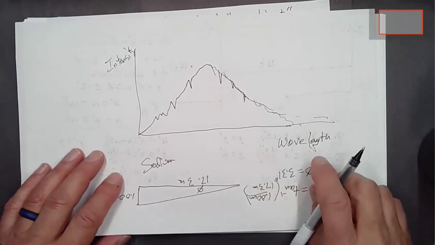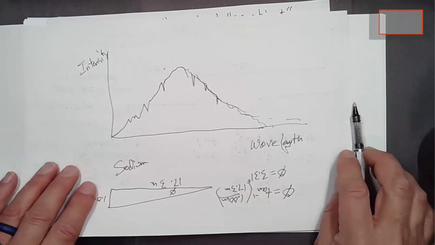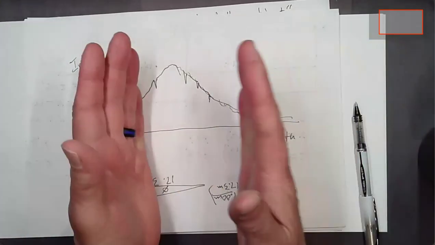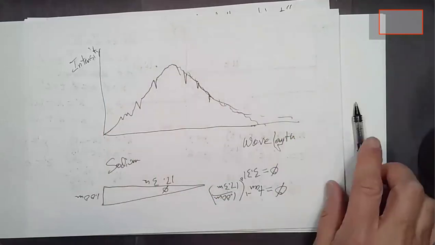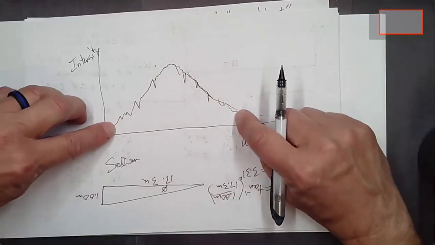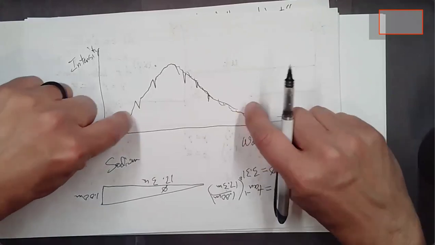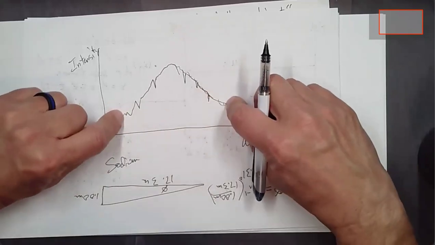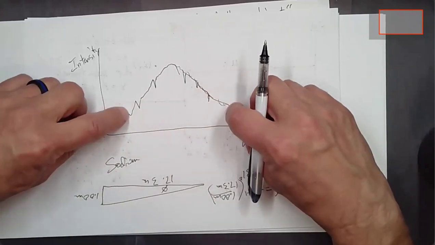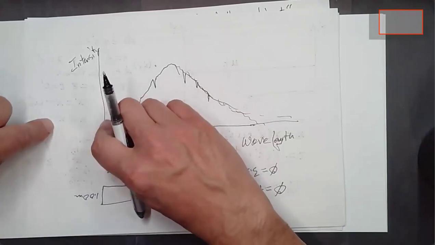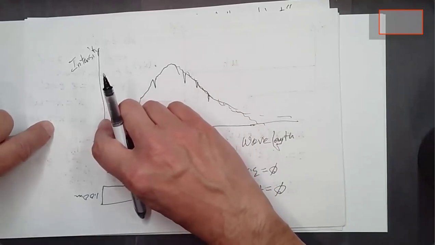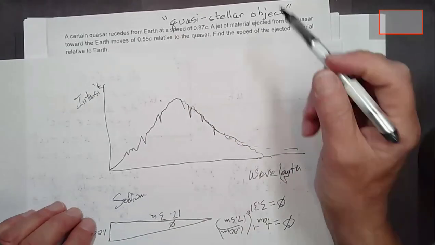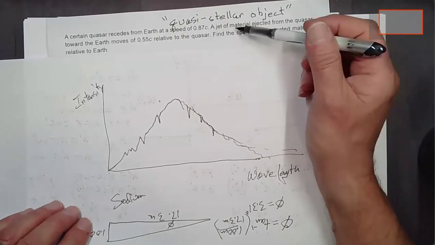And eventually they realized that the absorption lines from these quasars were shifted so far toward longer wavelengths that the ones that normally occurred in the visible part of the spectrum were entirely out in the infrared part of the spectrum. And the ones they were seeing in the visible part of the spectrum from these quasars actually came from absorption lines that, if they weren't moving, would have been in the ultraviolet part of the spectrum. So, anyway, they called them quasi-stellar objects before they quite figured out what they were.